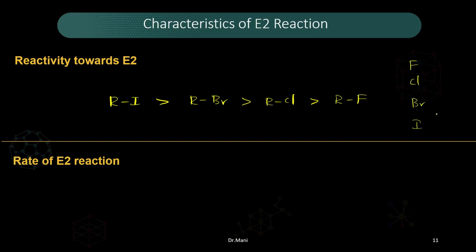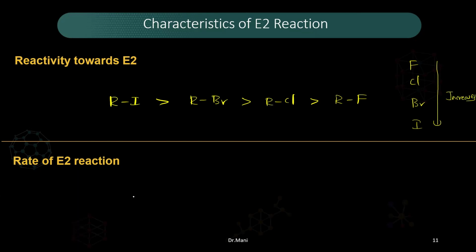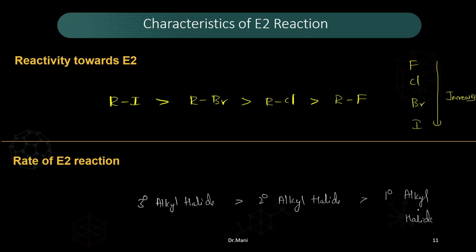So actually, it increases as you go down. And the rate of E2 reaction will be like this: tertiary alkyl halide is greater than secondary, is greater than primary. So remember these two. Okay.